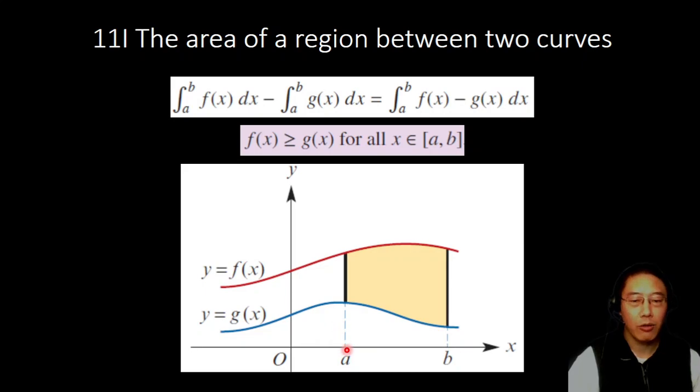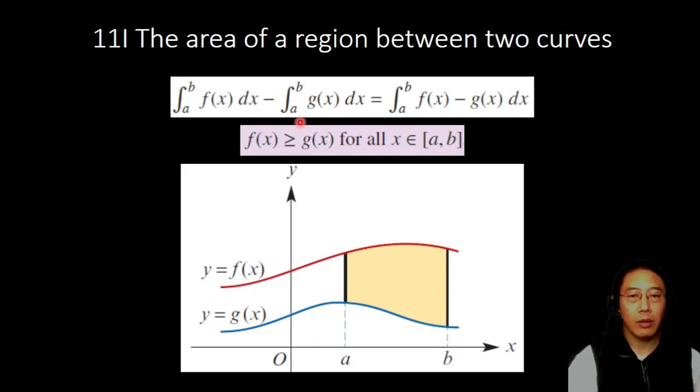We want to find the area from A to B, where F, in red, is above G, meaning that F is always greater than G. To find the area between the curves, find the area under the function F, find the area under the function G to the x-axis, do the subtraction, and that will give you the area in between.